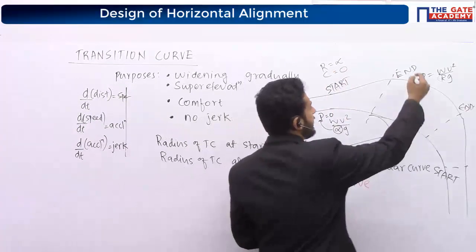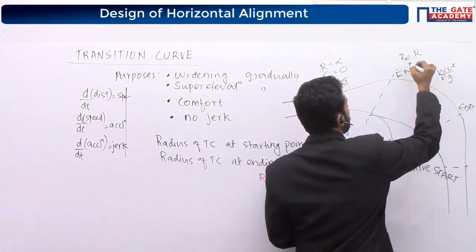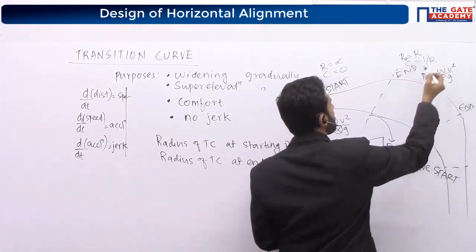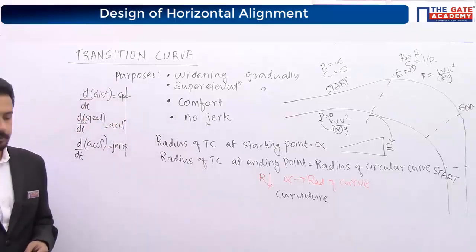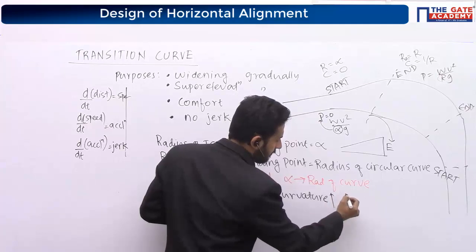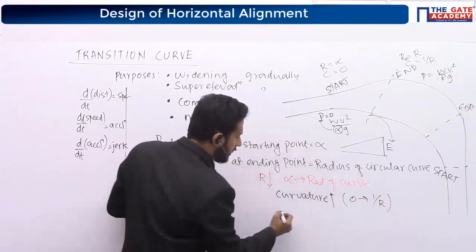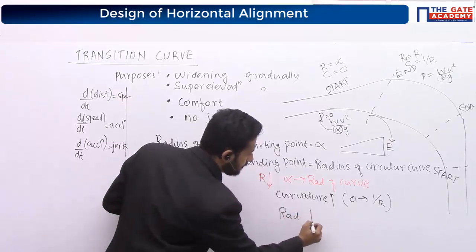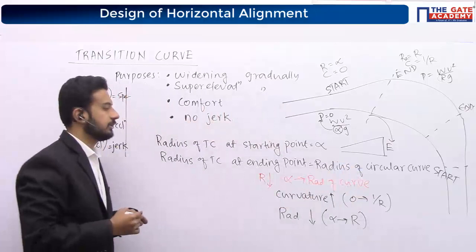At the ending portion, the radius is some r value, so the curvature is 1 by r. So curvature is going to increase from 0 to 1 by r. But the radius is going to decrease from infinity to the r value.